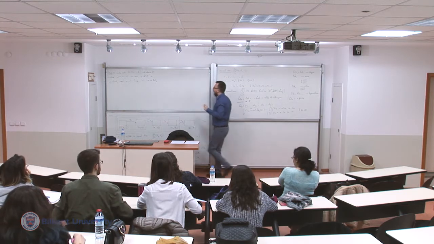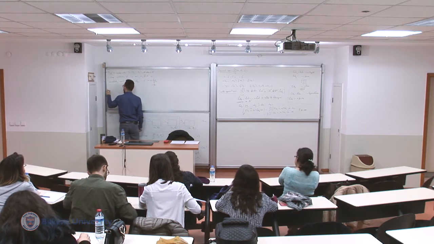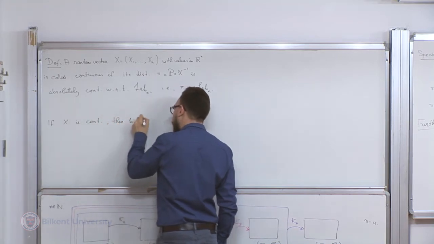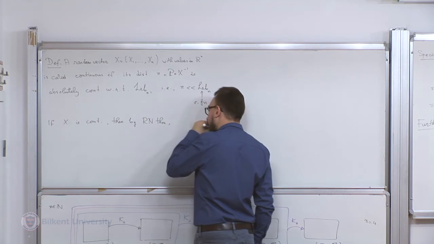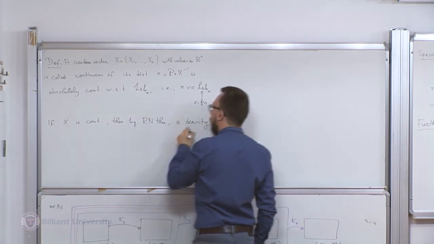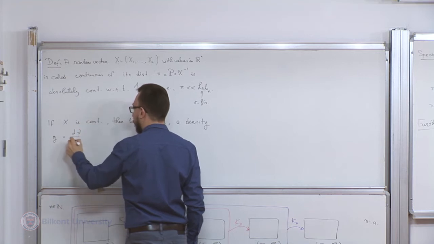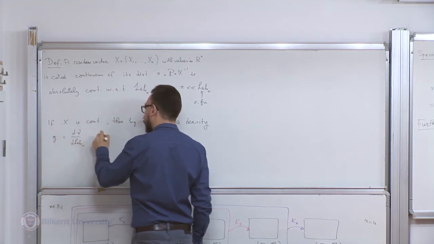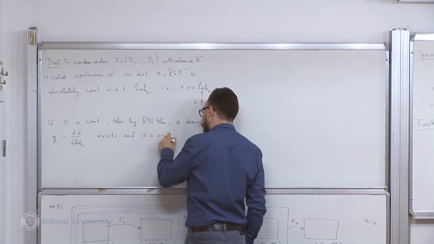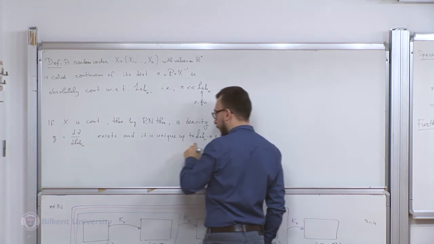So if X is continuous, then by the Radon-Nikodym theorem, a density, let's say g, which is the density of the distribution with respect to the Lebesgue measure, exists, and it is unique up to Lebesgue almost everywhere equality.